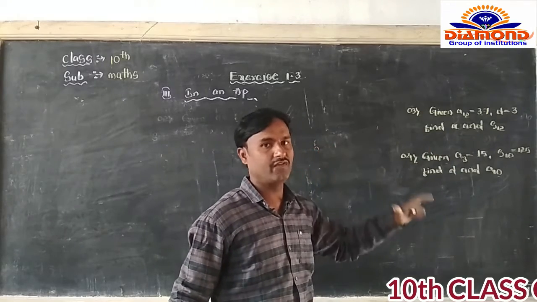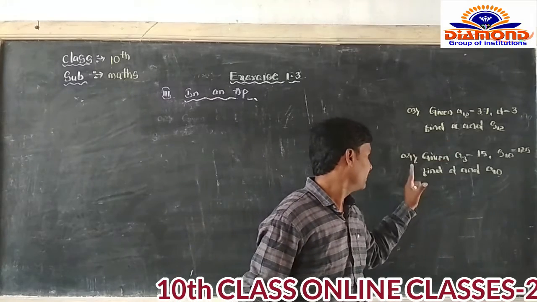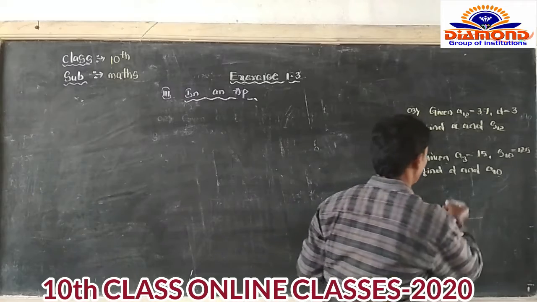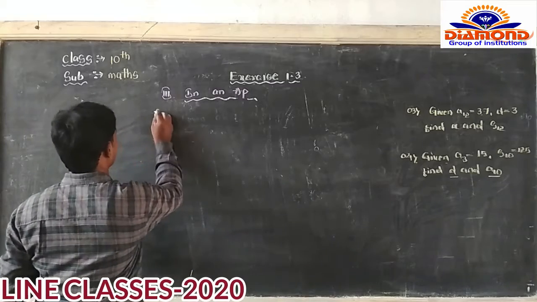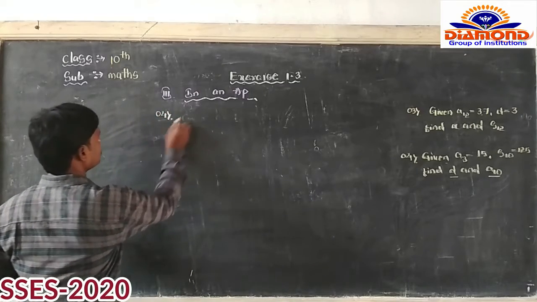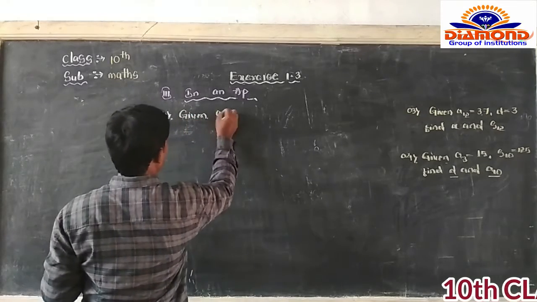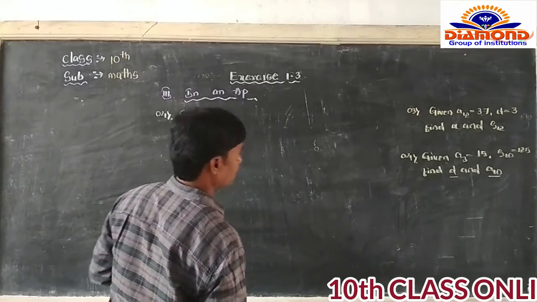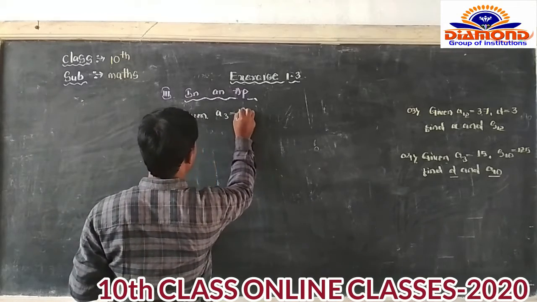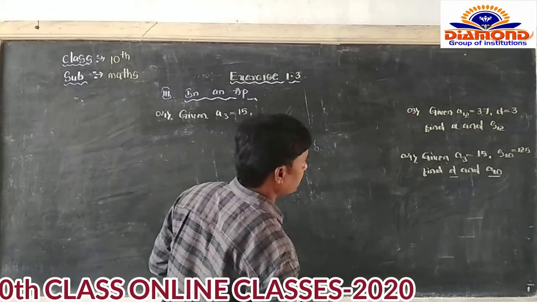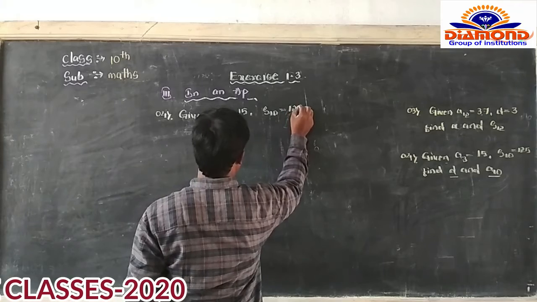In the previous question we were finding d, in the first question we were finding n, and in the third we were finding a. But in the fourth question we are finding the common difference and the nth term. Okay, so now we are going to the fourth question. Given: the third term is equal to 15, and the sum of the 10 terms is equal to 125.